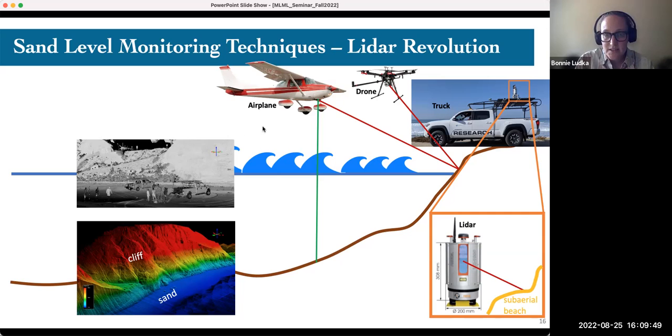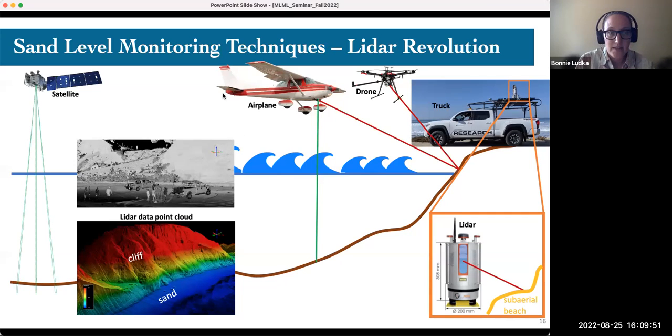And most recently, a satellite has been launched, ICESat-2, that is also equipped with a very strong green laser that, to many people's surprise, can also capture bathymetry in clear waters out to about 40 meters depth. So that's really exciting as well. Some really cool data sets here.